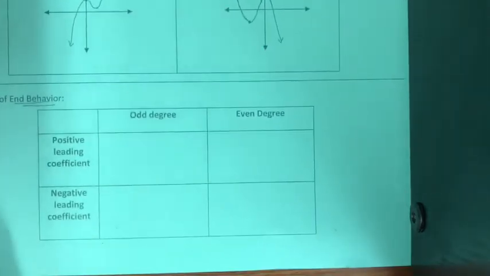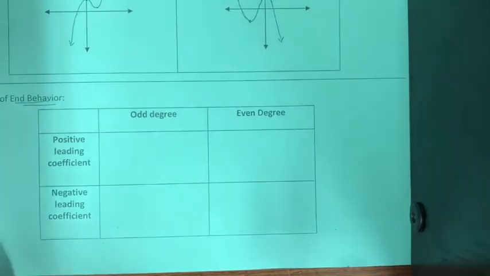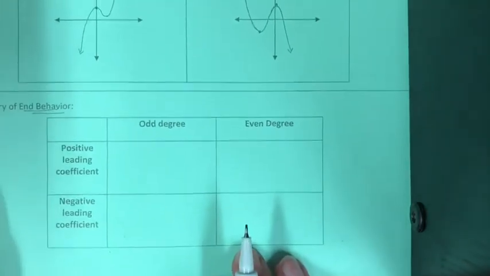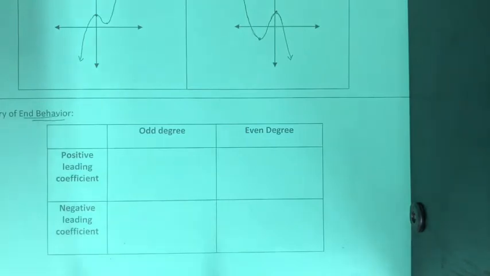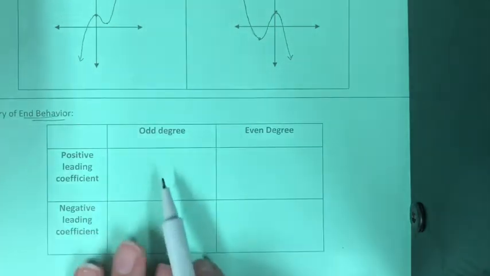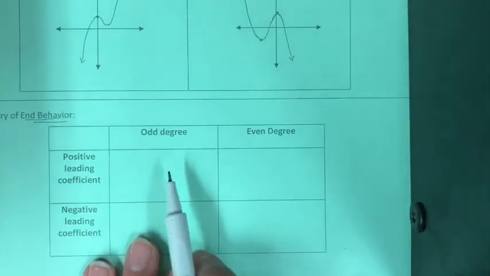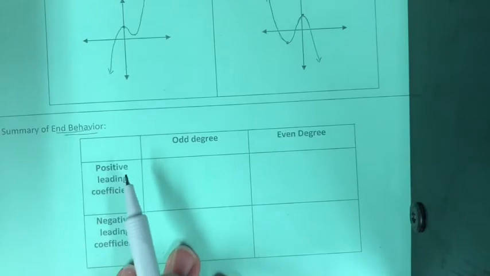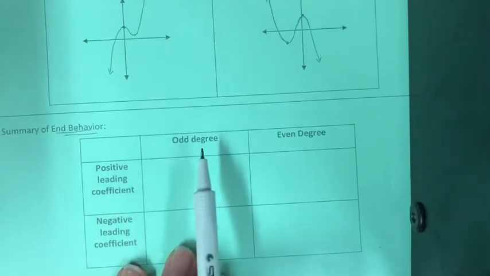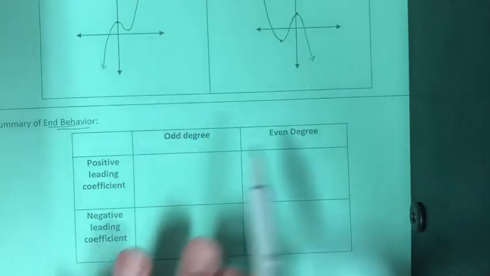So if we want to summarize this, we can actually look at the 4 graphs that we drew up there. So a summary of the end behavior, I'm going to actually draw the end behavior. So in this square here, I want to show what the end behavior looks like when it has a positive leading coefficient and it's an odd degree polynomial.